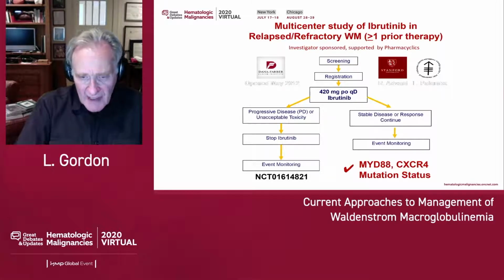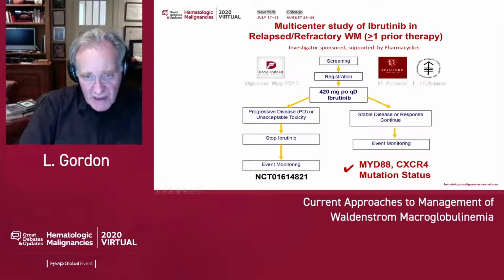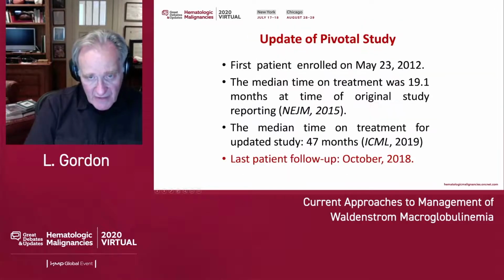They looked at MYD88 and CXCR4 mutation status as a predictive factor, but these patients got treated with 420 milligrams a day of Ibrutinib, and either to progressive disease or unacceptable toxicity was stopped. But if patients were responding and or had stable disease without toxicity, treatment was continued indefinitely.